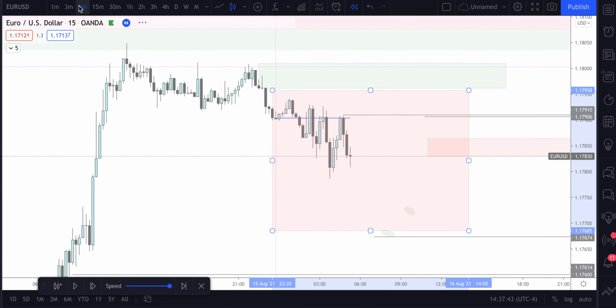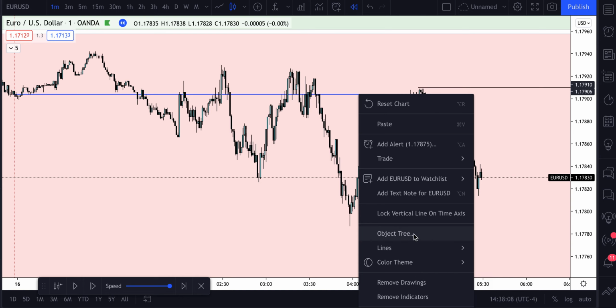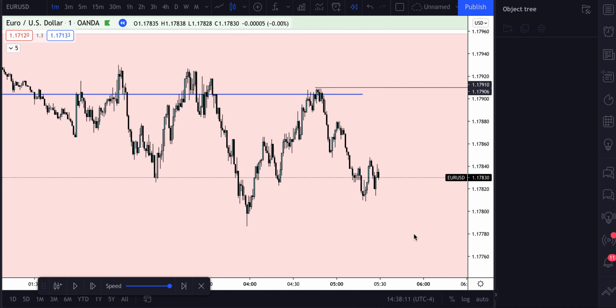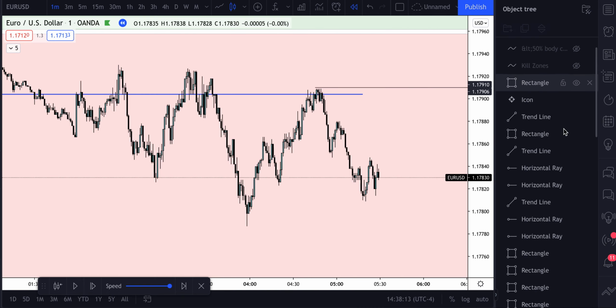This chart is moving slow, so I'm going to put back on the trades that I hid that were taken. Not all of them.